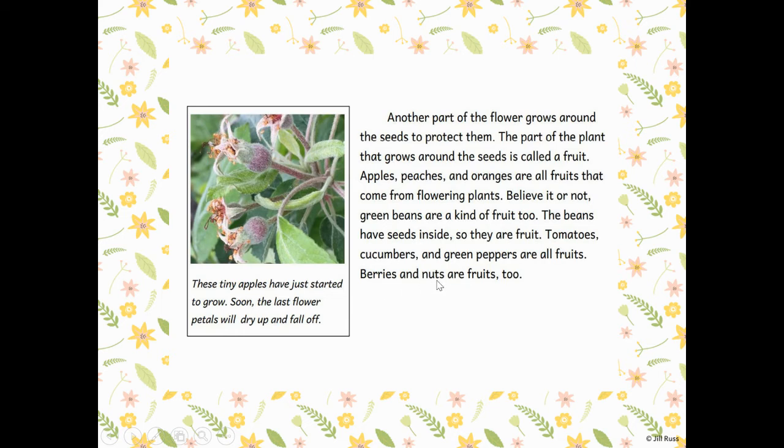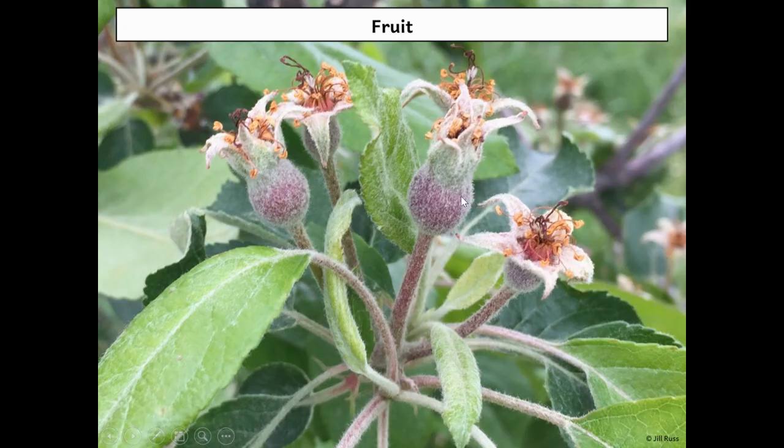Berries and nuts are fruits too. So let's look here. Here is that picture of the apple plant up close. So the seeds are growing inside here. The top is where those petals were, and they will soon fall off and an apple will grow around those seeds.